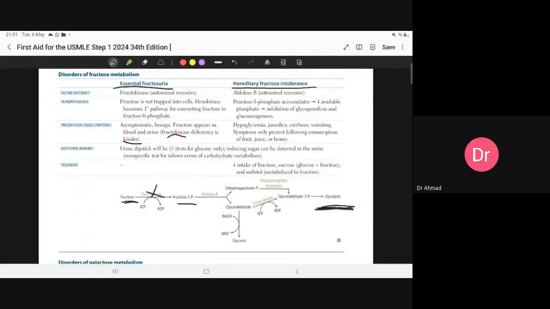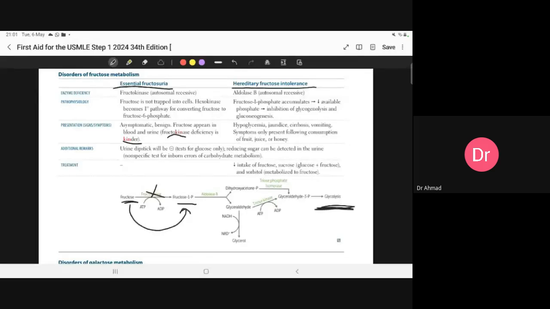That's the main thing to keep in mind. If you do not have fructokinase, your hexokinase will try to convert this fructose into fructose 1-phosphate. So this pathway is mediated by two enzymes, fructokinase and hexokinase. You prefer that fructokinase do it, but if fructokinase is absent or deficient, it can be done by hexokinase too. That's why it's a benign disease.